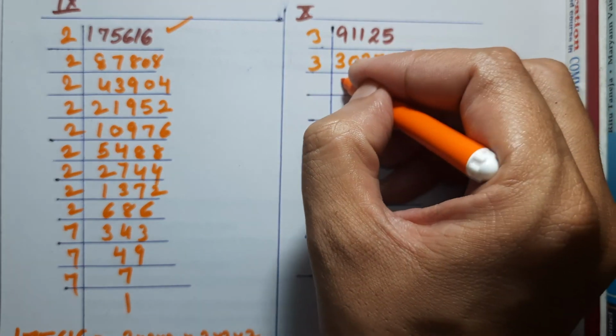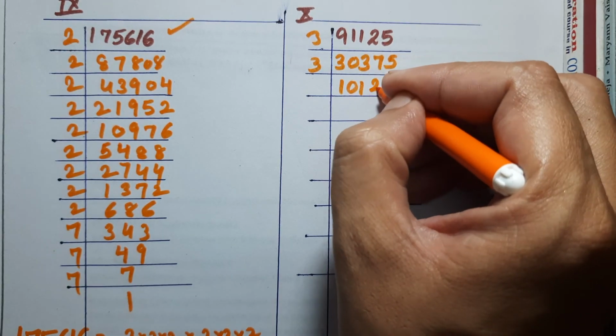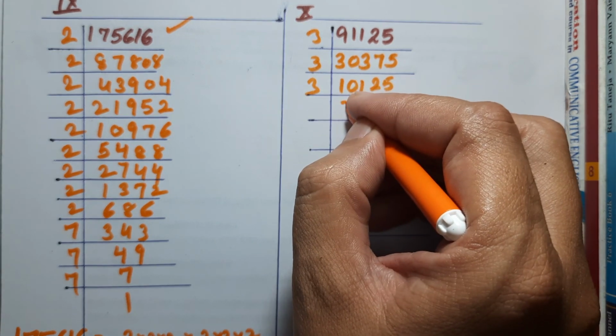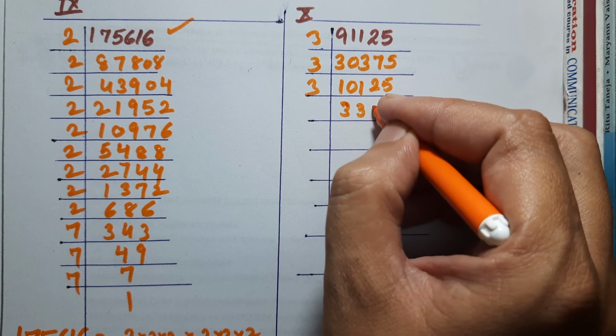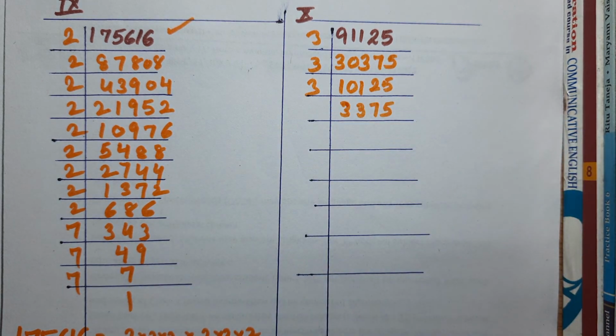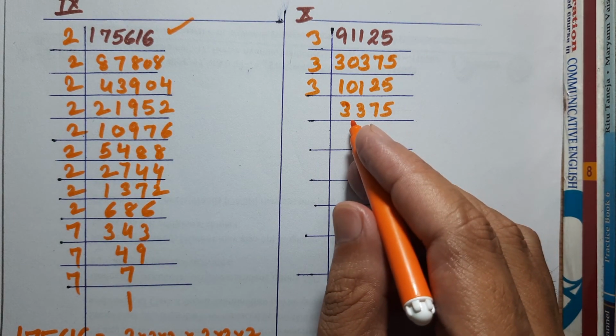Again 3, 3 ones are 3, 3 zeros are 0, 3 ones are 3, 3 twos are 6, 3 fives are 15. 3. Calculate, 3 threes are 9, 3 threes are 9, 3 sevens are 21, 3 fives. Again the unit digit is 5. Just check, 5 plus 7 is 12, 12 plus 3 is 15, 15 plus 3 is 18.